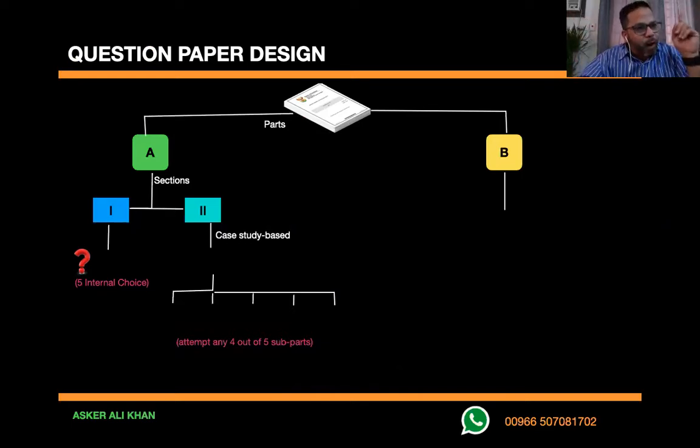In section 1, you have 16 questions, out of which you will have 5 internal choice. Internal choice means this is not multiple choice. Internal choice means you'll be given: answer this or this. That's called internal choice. In section 2 of part A, there are 4 case study based type of questions.